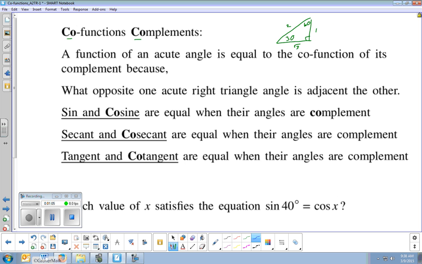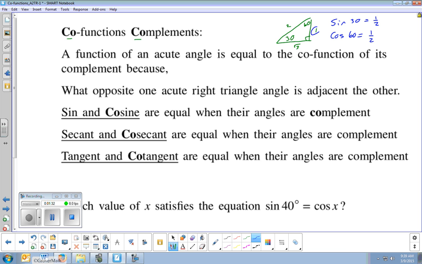Notice that sine of 30 equals 1/2. That's something you should know, but also in this diagram we see sine of 30, sine's opposite, which would be 1 over the hypotenuse, which is 2. And also cosine of 60 equals 1 over 2. And cosine is not opposite over hypotenuse, but adjacent over hypotenuse.